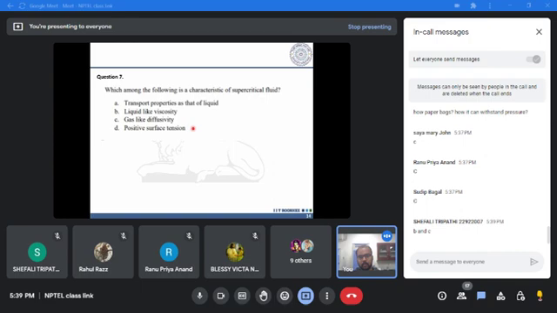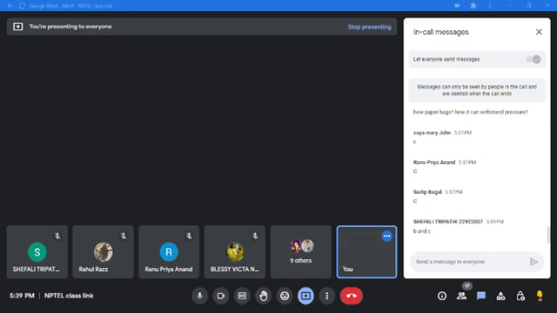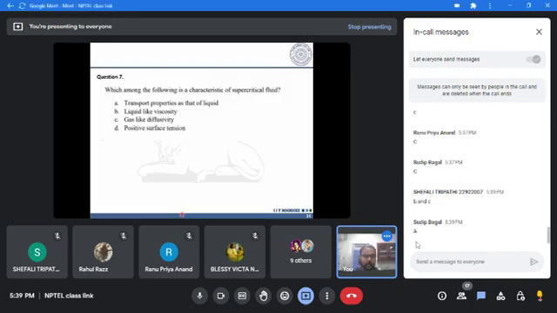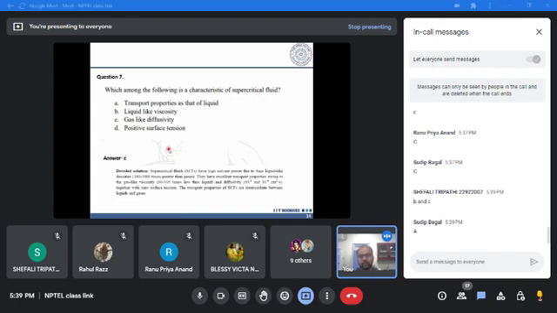Sifali Tripathi saying B and C, Sudeep Baghel saying C and A. So the answer is gas-like diffusivity.